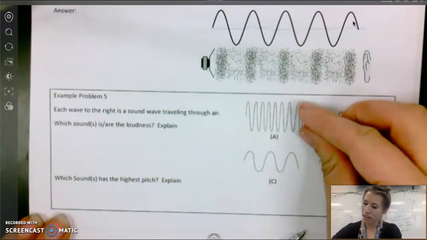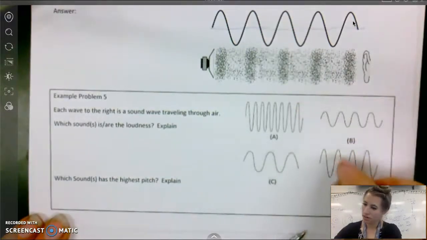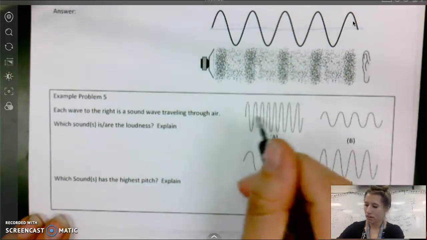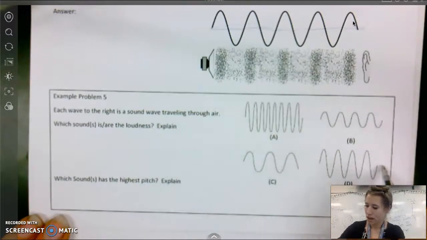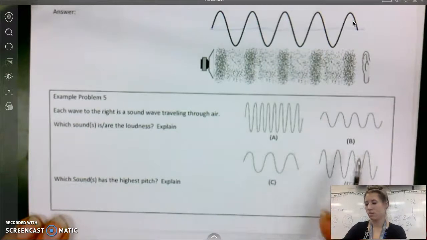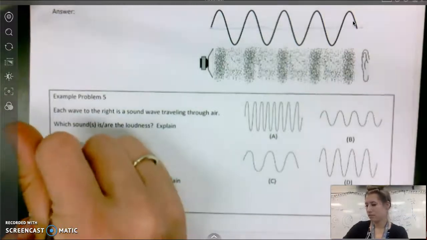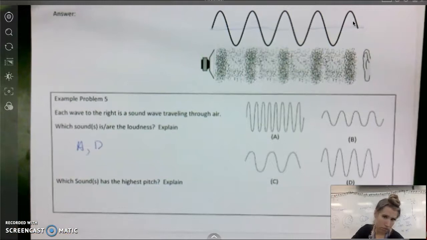So when I look at amplitudes here, it appears that A and D, from our origin, have similar or the same amplitudes, which is greater than C or B. Okay, and so which ones are the loudest? A and D, because their amplitudes are the greatest.